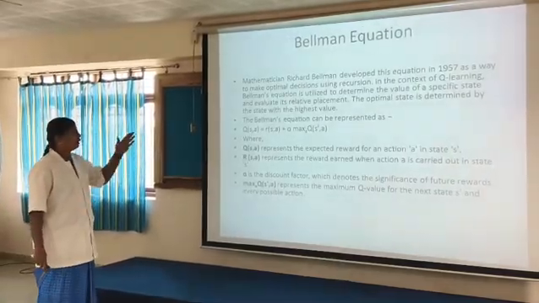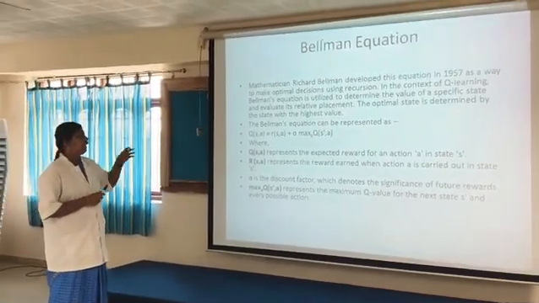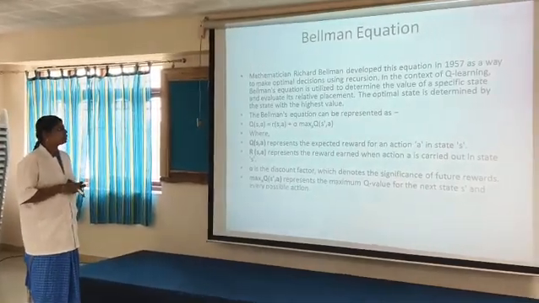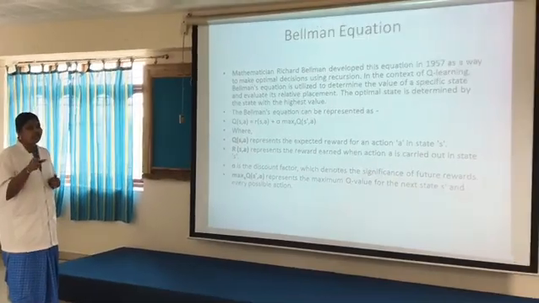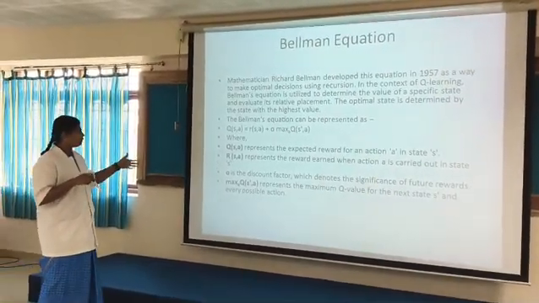So it is derived from Bellman's equation. In 1957, Richard Bellman developed this equation for making an optimal decision using a recursive formula, and the same formula is repeated again.